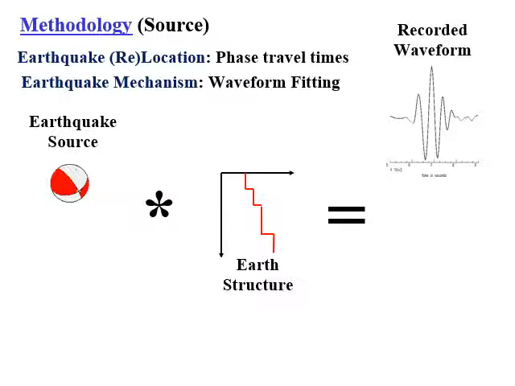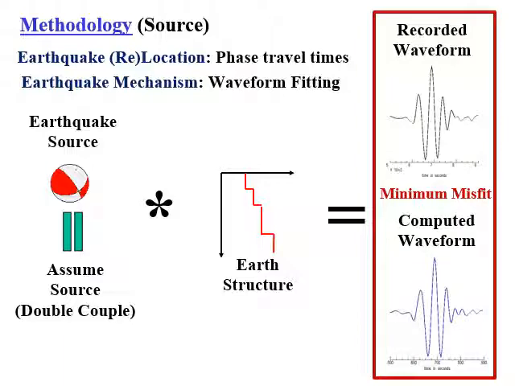Imagine that you have an earthquake source which produces a recorded waveform which you see on the right, and this is a convolution of the earthquake source with the earth structure. Now if we actually have a recorded waveform, we can go from the recorded waveform to the earthquake's source by using an inverse technique.